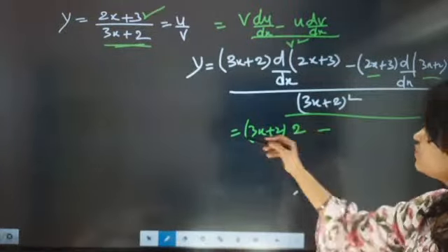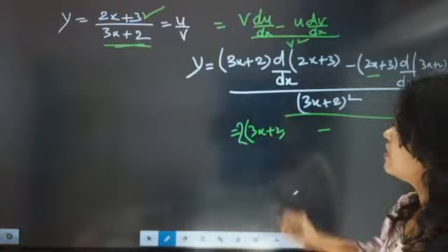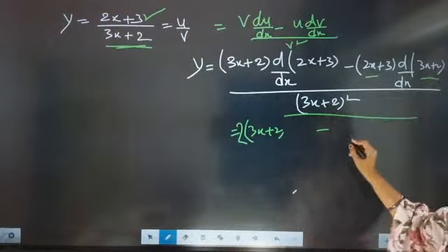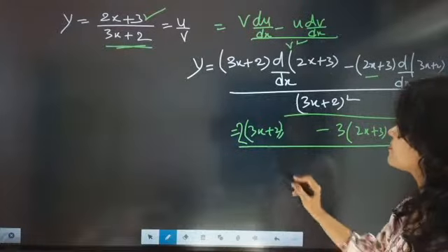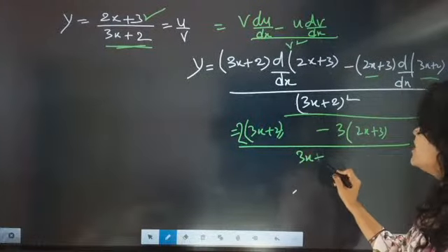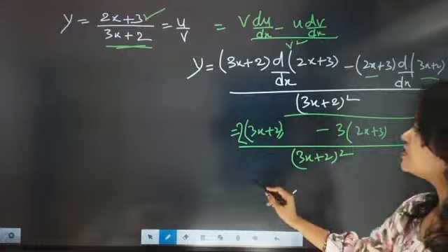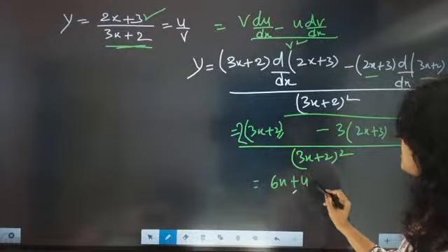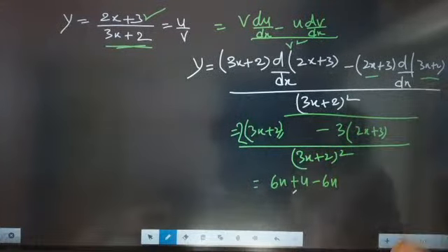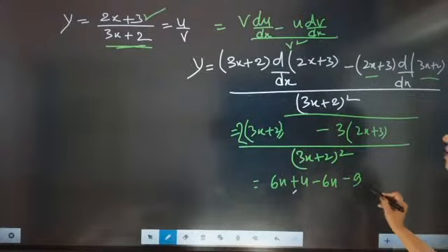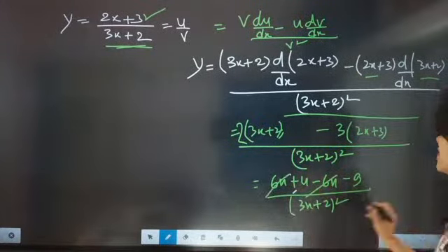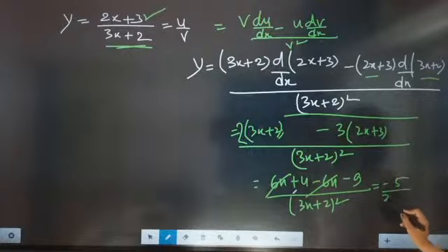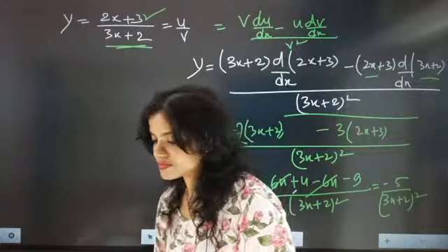So multiply this 2 with this. So I will write 2 in front. And here minus, the differentiation of 3x plus 2 will give 3, so 2x plus 3 by 3x plus 2 whole square. So this is exactly going to give you 6x plus 4 minus 6x minus 9 by 3x plus 2 whole square. So this and this will kill each other. So minus 5 by 3x plus 2 whole square. This is by the u by v method.